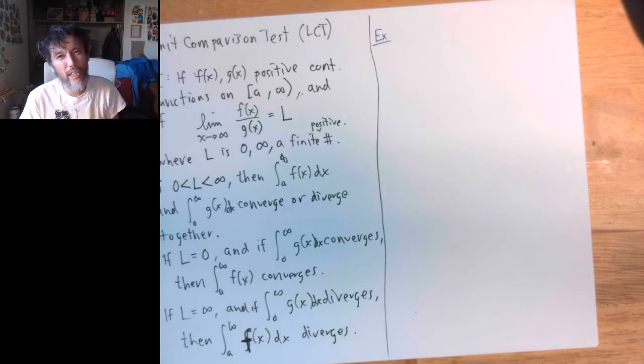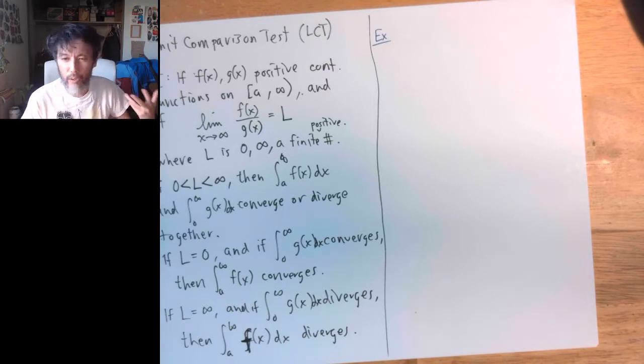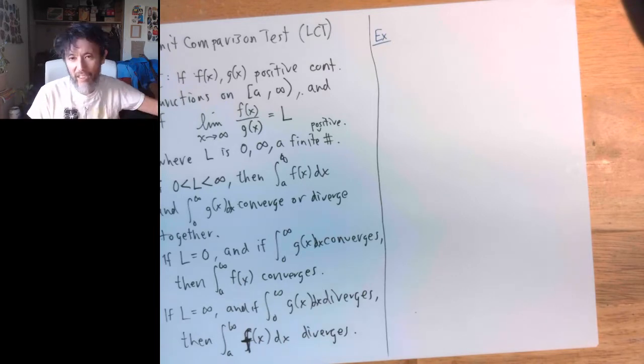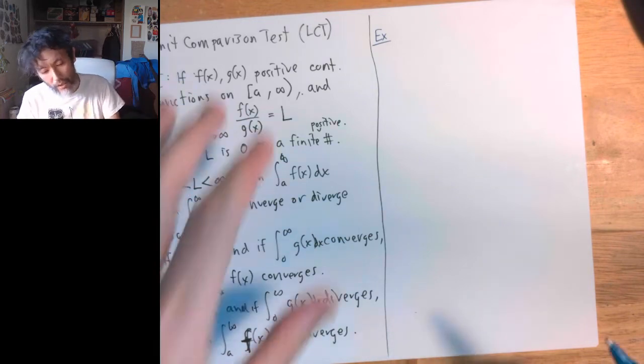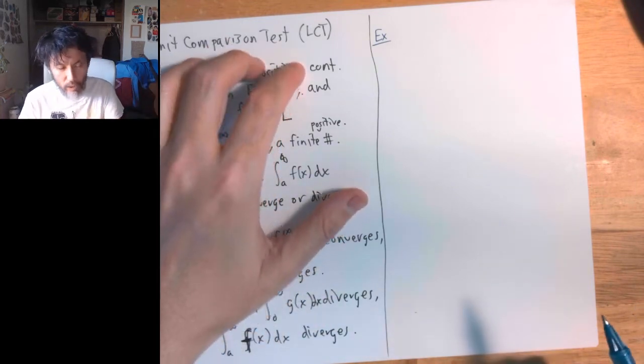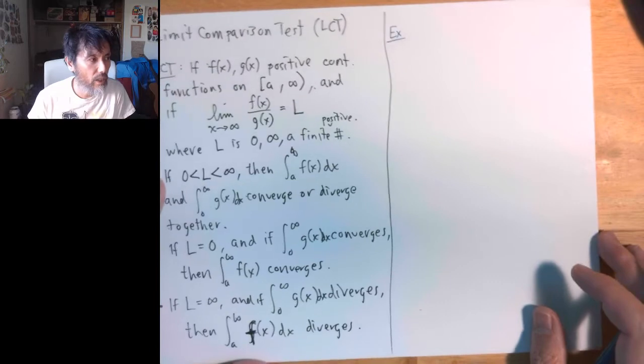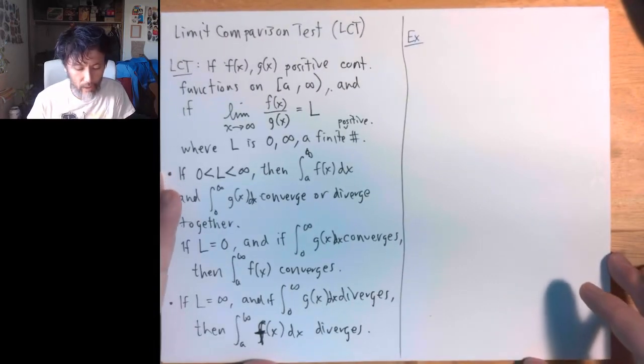By algebraic, I mean it could be polynomial or rational, or it could involve square roots or cube roots or powers that are more exotic, like x to the pi or whatever. The limit comparison test is excellent at dealing with improper integrals that look like that, even very complicated things.